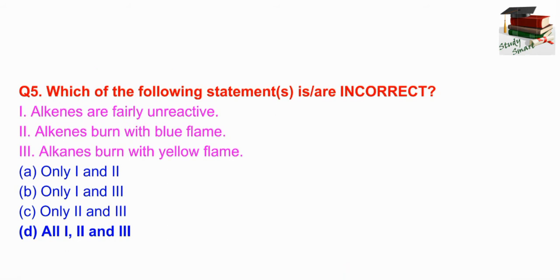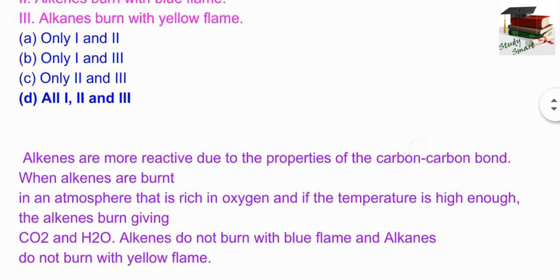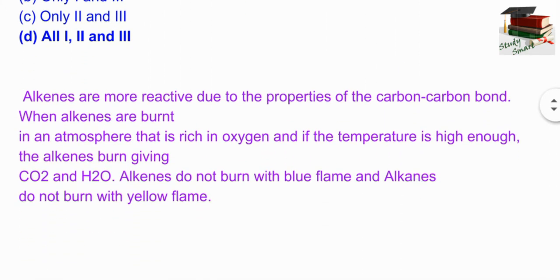First we see characteristics of alkanes. Alkanes are less reactive due to the properties of carbon-carbon bonds. When alkanes are burned in an atmosphere rich in oxygen, and if the temperature is high, they burn giving CO2 and H2O. Alkanes do not burn with blue flame and do not burn with yellow flame.